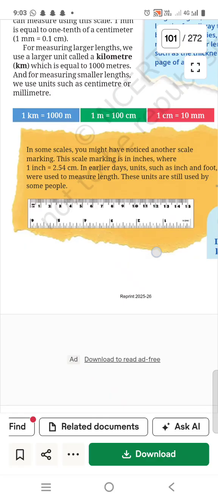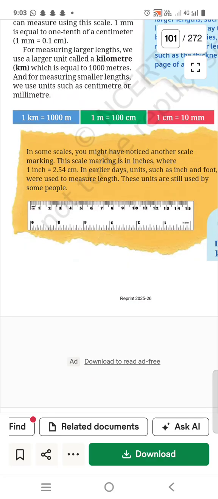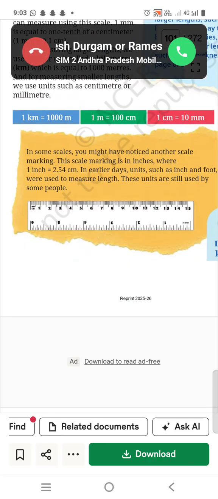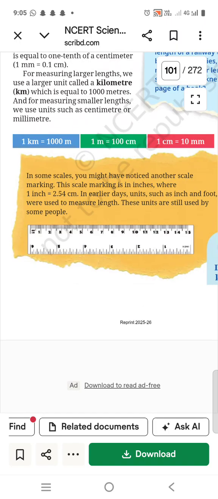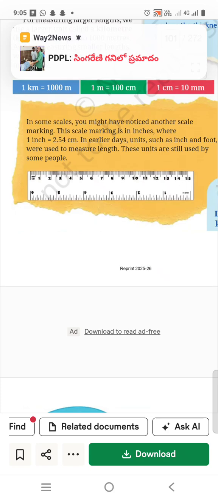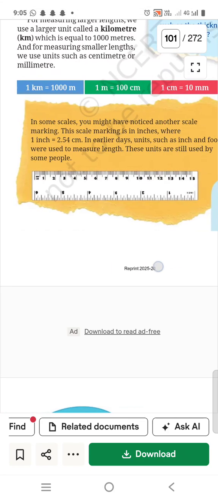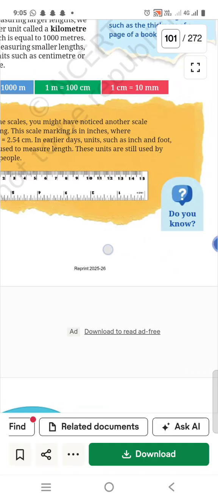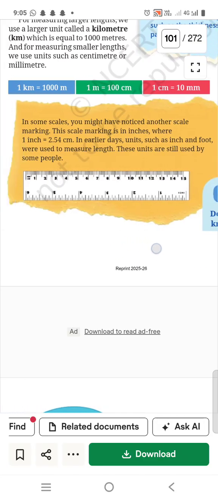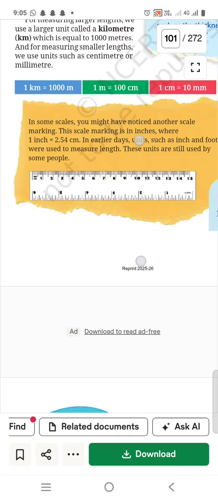In earlier days, units such as inch and foot were used to measure length. These units are still used by some people. You can see the scale here.